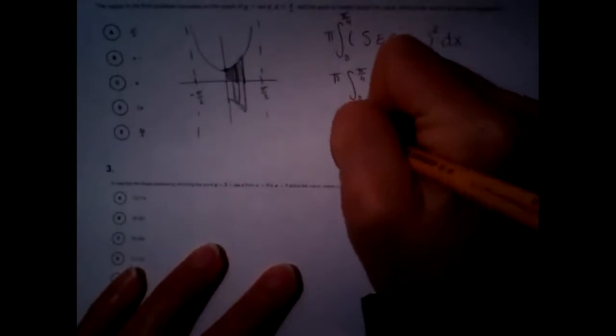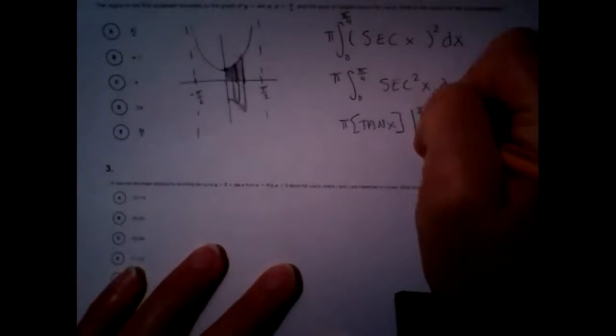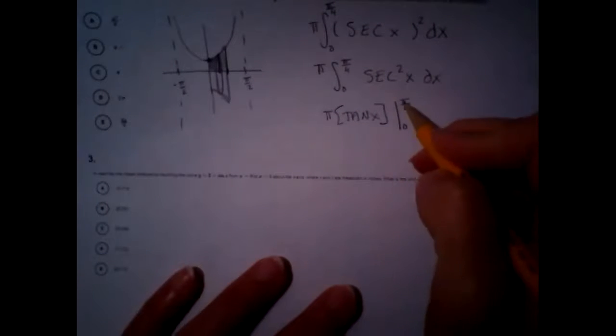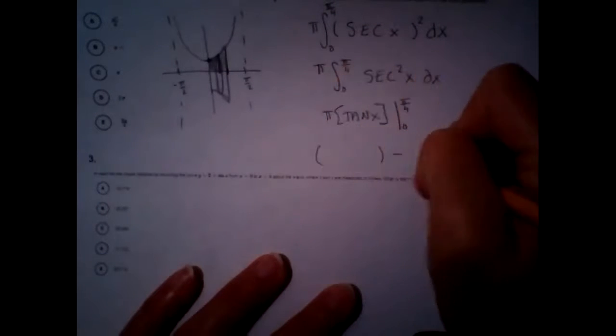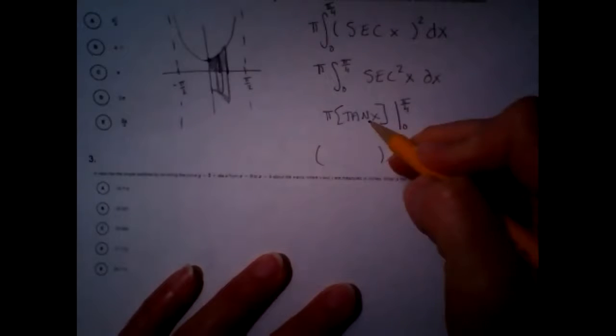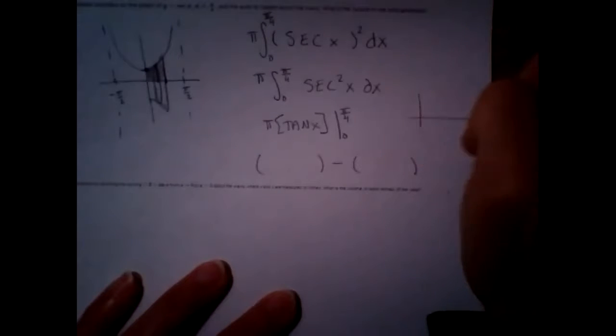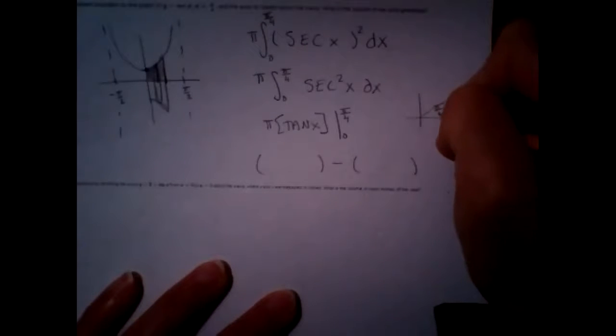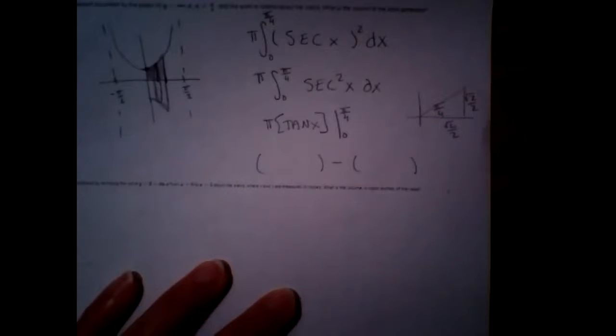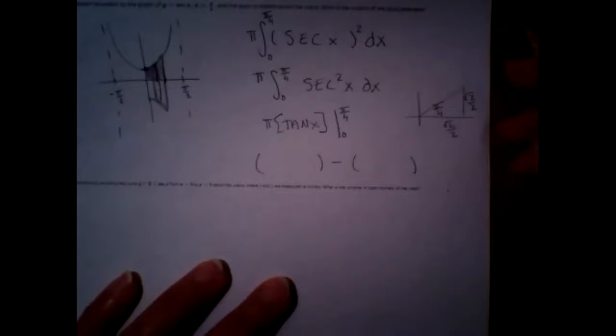This is pi times tangent of x, and we're going to go from 0 to pi over 4. So upper boundary minus lower boundary. When we plug in pi over 4, it looks like this. Both of the sides of the triangle are root 2 over 2. Now tangent is opposite over adjacent, or y over x, or sine over cosine, however your brain wants to do that.